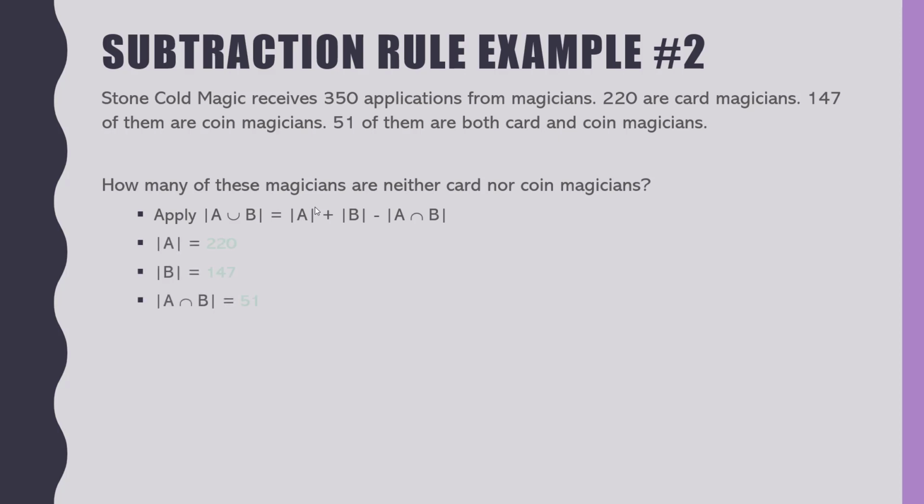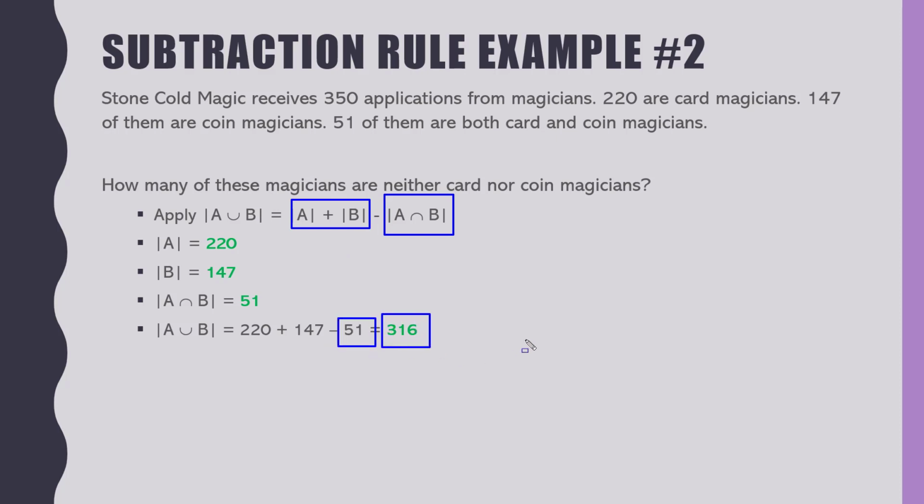And so what is A? We just mentioned that, it's 220, 147, and the intersection is 51. So if we add up the 220 plus the 147, that's this part of the equation right here. Then that's, again, the cardinality of those. And then subtracting out the 51 right here, that gives us 316 magicians that are one or the other or both, card, coin, or both, right? 316 magicians.